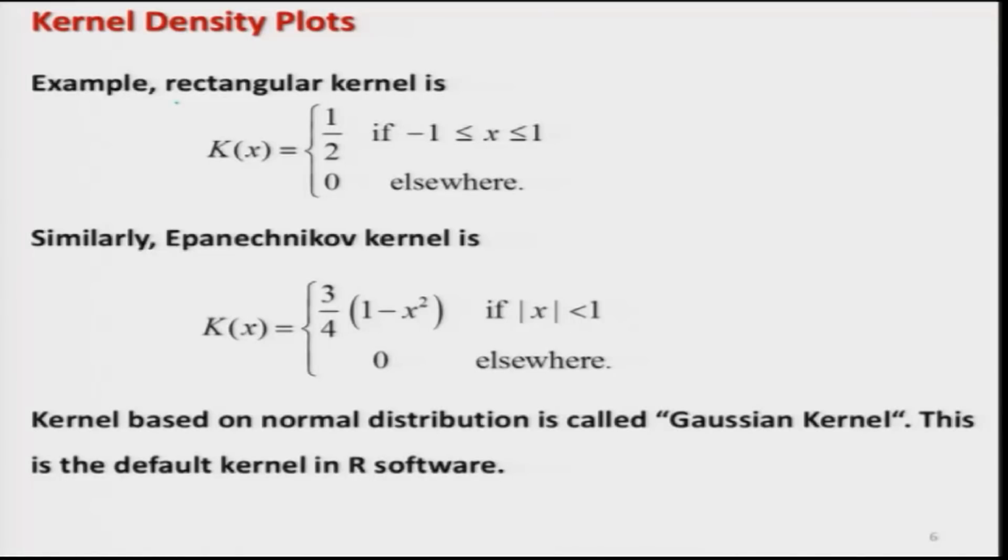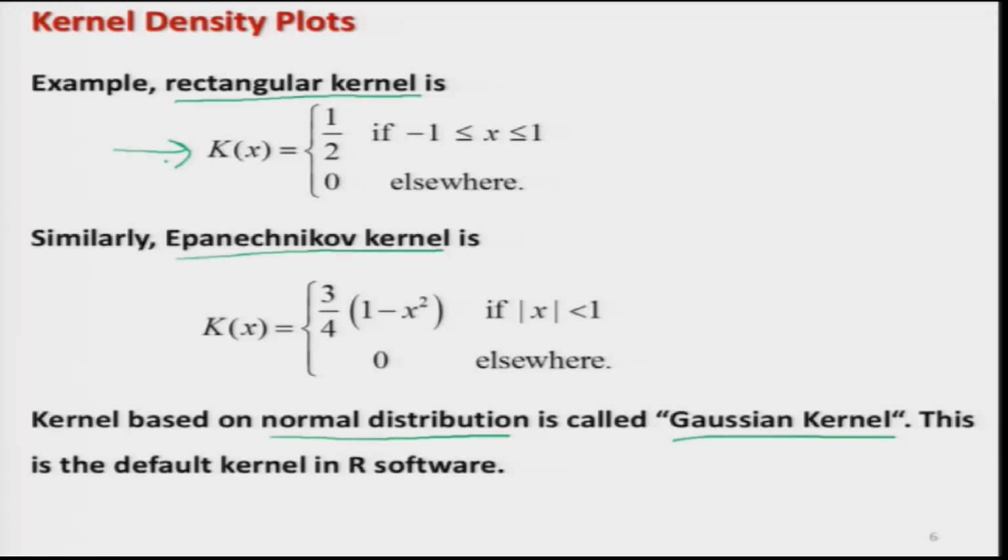Okay. So, just to give you an idea of what choices are available in R, we are going to discuss here three choices of kernel function. One is the rectangular kernel, the second is the Epanechnikov kernel, and the third is the normal distribution kernel, which is called the Gaussian kernel. Right. What is this rectangular kernel?